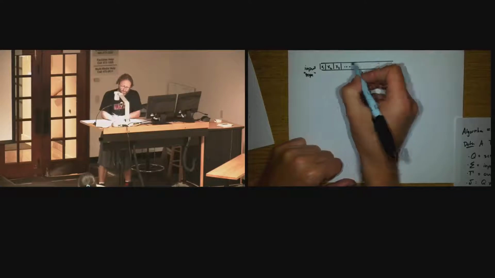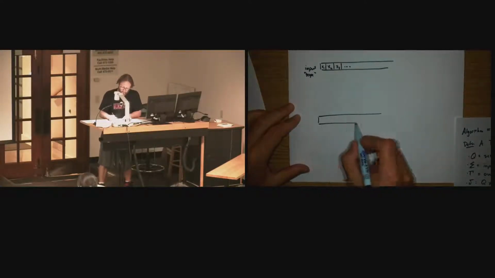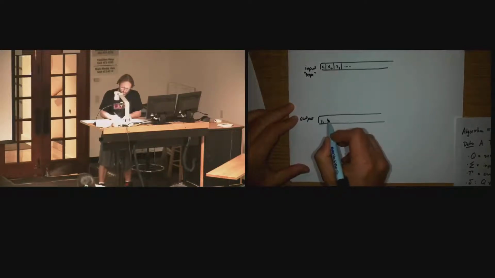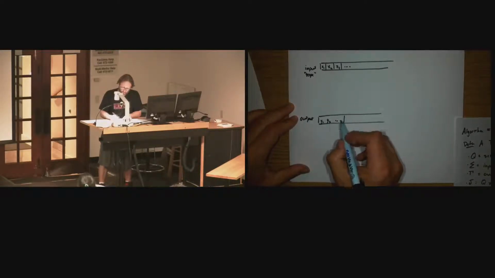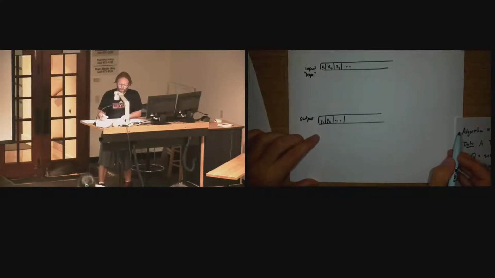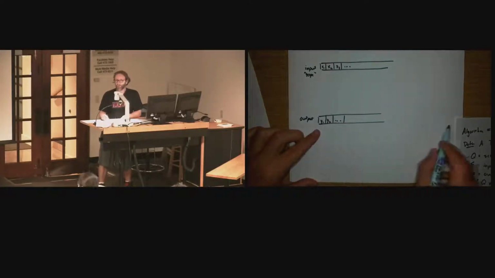Remember, these are all just bits, right? You have this output tape as well, y1, y2, dot, dot, dot. And not only is it an output tape, but it's an infinite output tape. Whereas the input is always going to be finite, you're allowed to write as much as you want off to infinity.